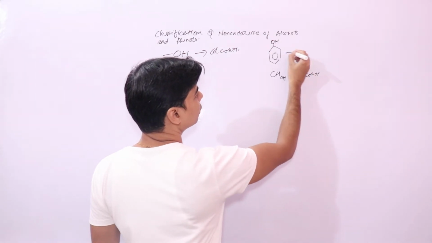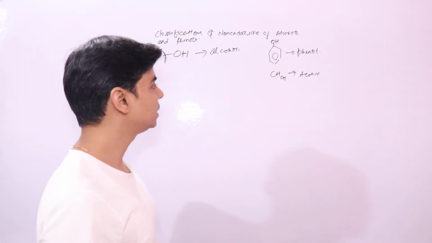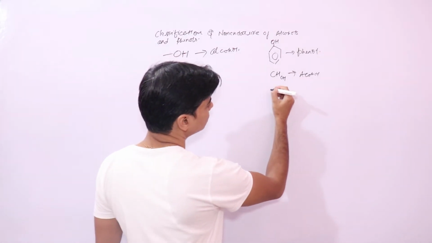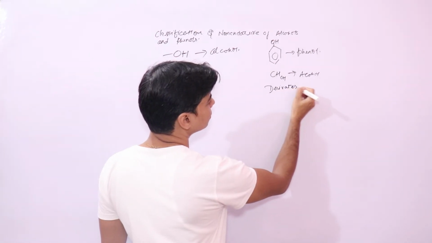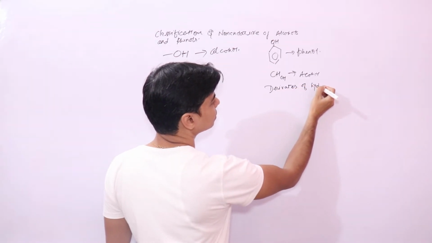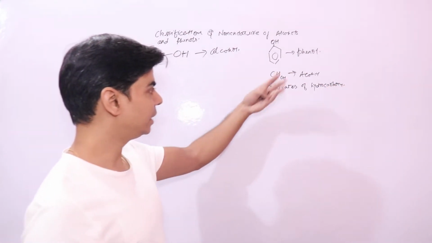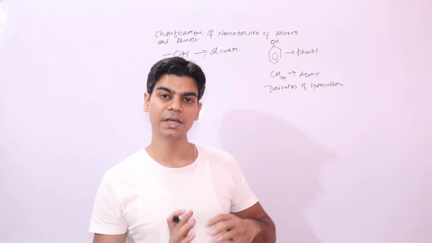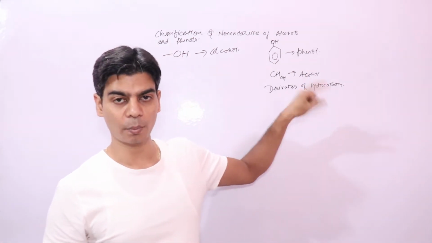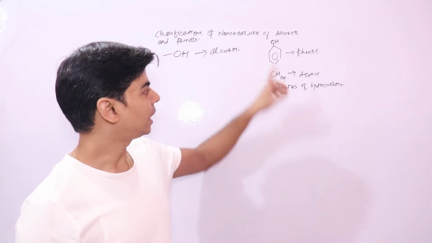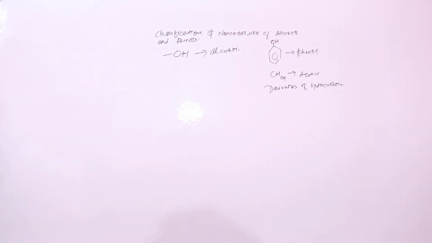So this is your alcohol, this is your phenol. Basically alcohols and phenols are derivatives of hydrocarbons. Since we make them from hydrocarbons, they are called derivatives of hydrocarbons, obtained by replacing hydrogen atoms by hydroxyl groups in hydrocarbons.